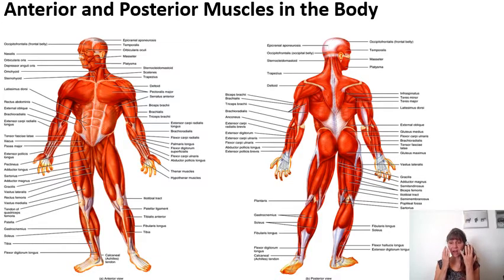It's very common for illustrators to have a superficial side and a deep side because muscles come in layers. So pay attention to what might be the superficial presentation and what might be the deep presentation. Usually the superficial presentation will have more fascia, more connective tissue showing than the deeper presentation.